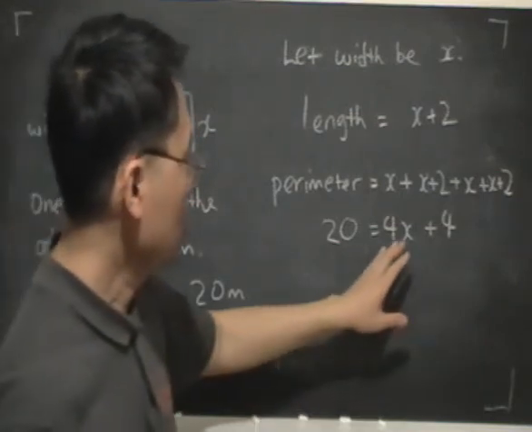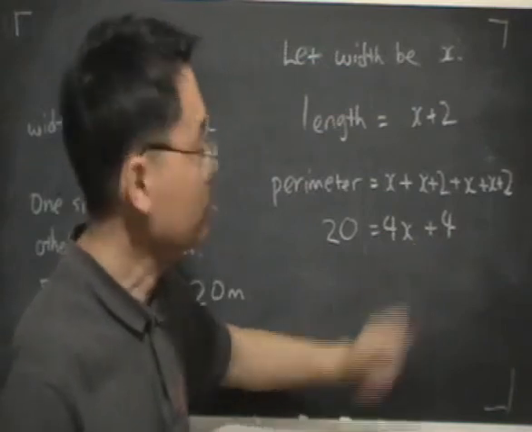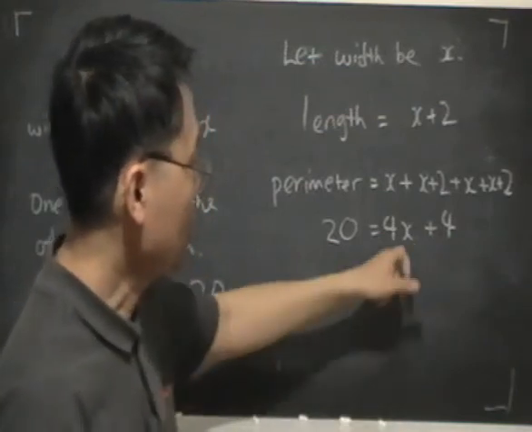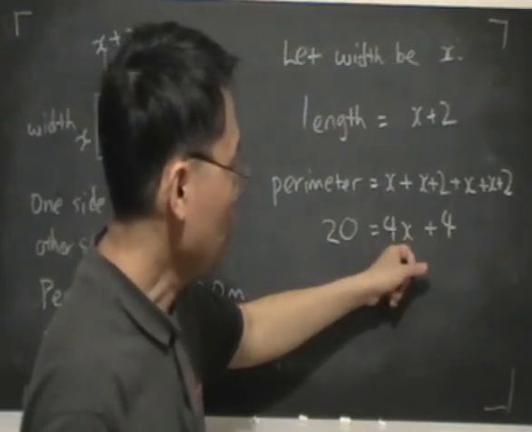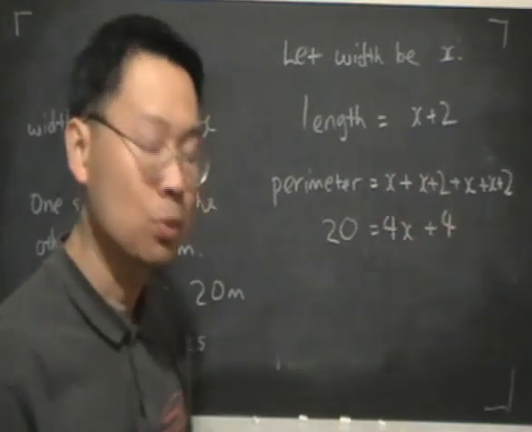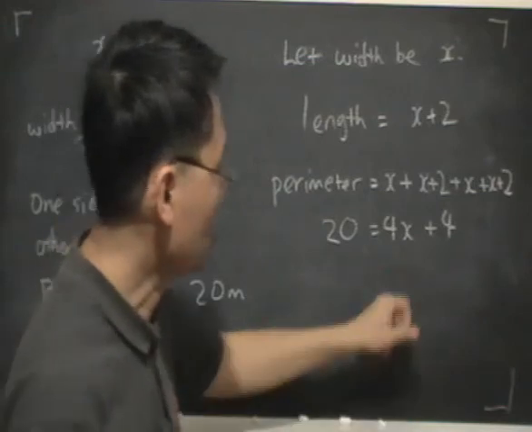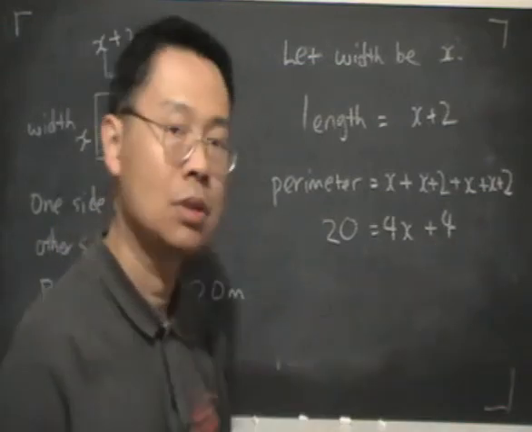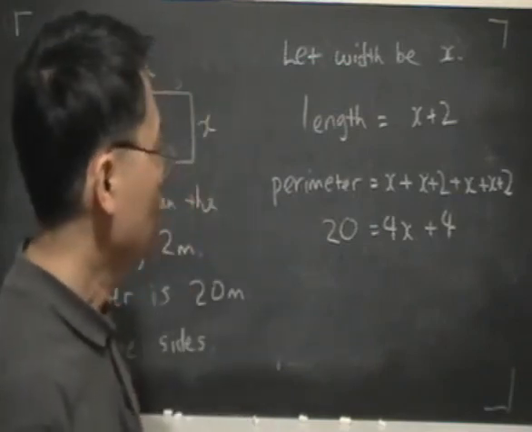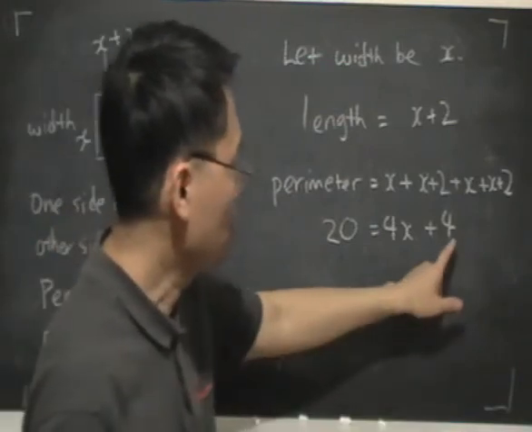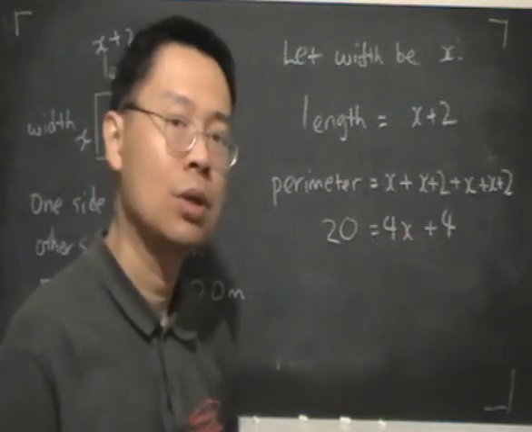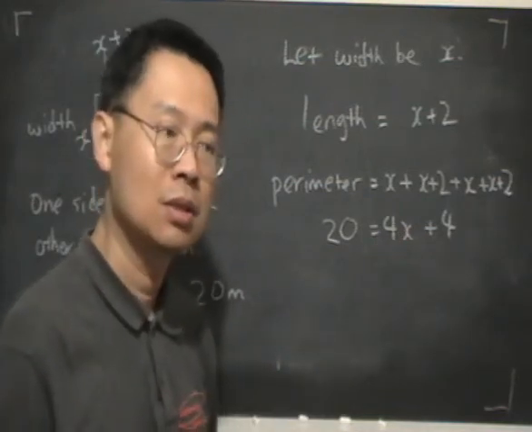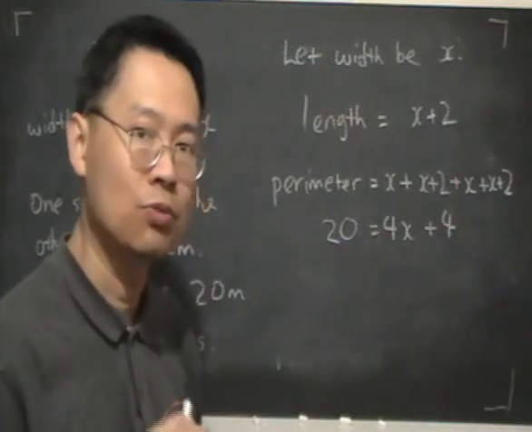So this time x is on the right side, but no problem, we just follow the same ideas. We would like to have just x on one side, in this case the right side. So let's start by getting rid of the other numbers. The other numbers are the 4 there and the 4 there. Which number should I get rid of first?